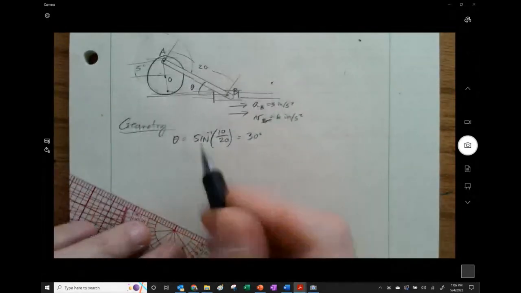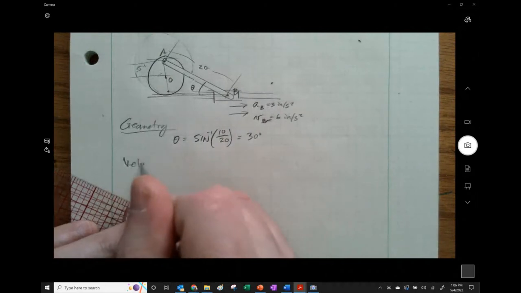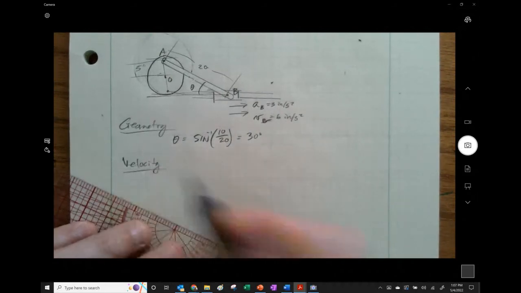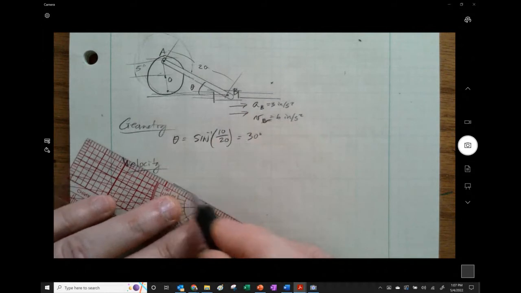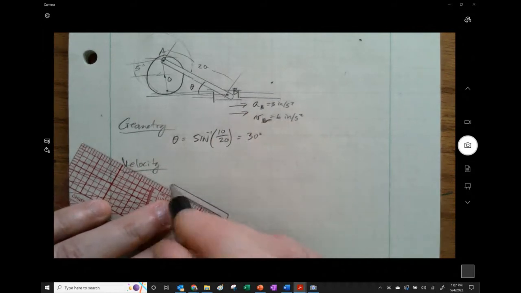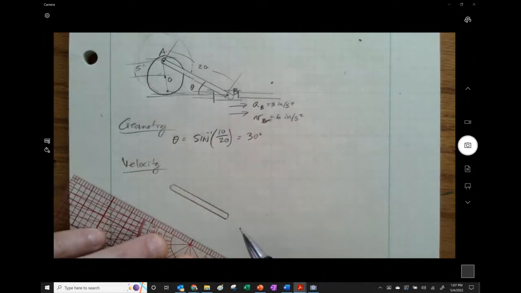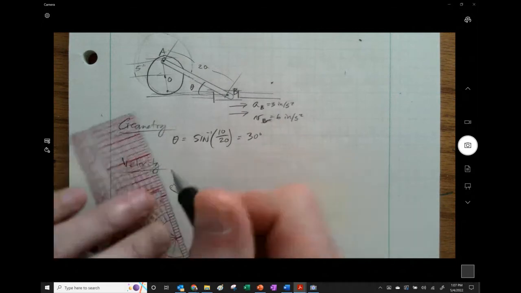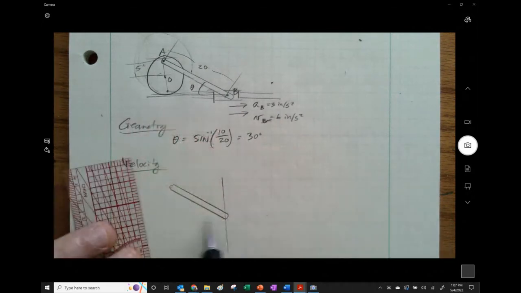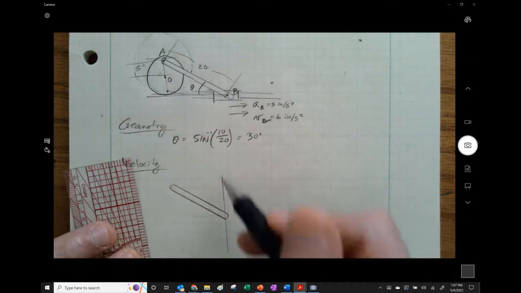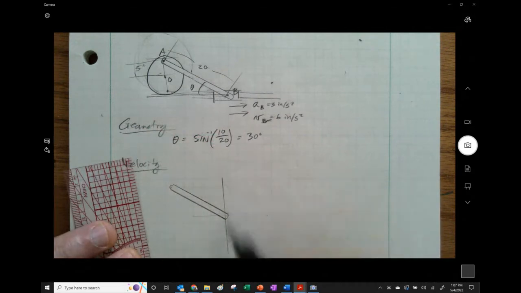Okay, so to do the velocity analysis of this body right here, if you try to do the ICR of this thing, you would say, okay, well, the velocity is going in this direction, so the line for the ICR is in that direction.